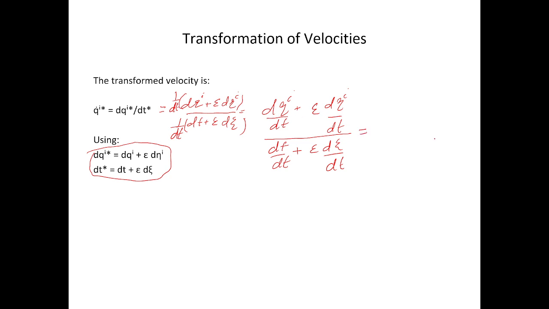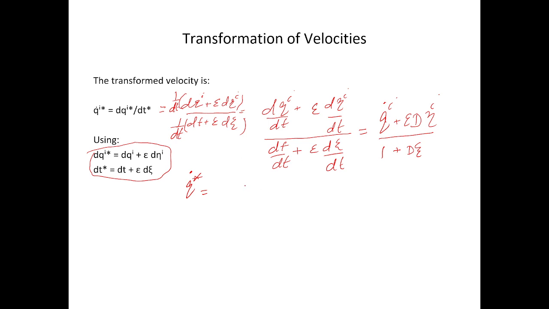So here we get q i dot plus epsilon D eta i, where D is the operator d by dt, divided by 1 plus epsilon D xi. So q star dot is the velocity transform. We are interested in the infinitesimal velocity transformation.